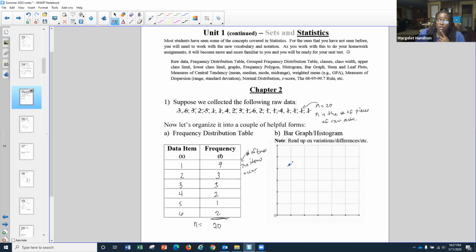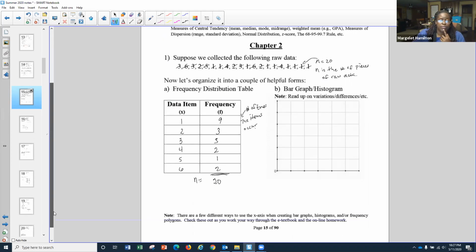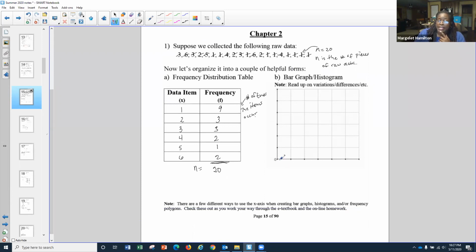Here, we're going to construct our bar graph to represent the data. In our bar graph, you'll see that you, of course, have an x-axis and a y-axis. Your y-axis usually corresponds to your frequency. The x-axis corresponds to your data items. So x value is the data item, and f, frequency, is your y value.